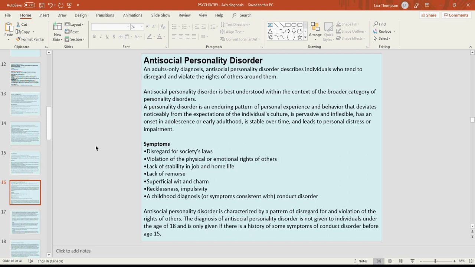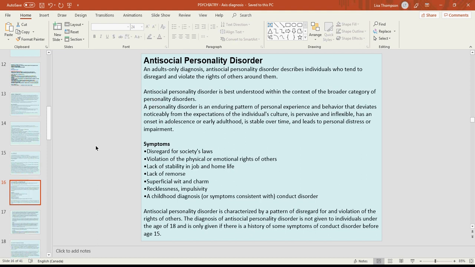Antisocial personality disorder. An adults-only diagnosis. Antisocial personality disorder describes individuals who tend to disregard and violate the rights of others around them. Antisocial personality disorder is best understood within the context of the broader category of personality disorders.